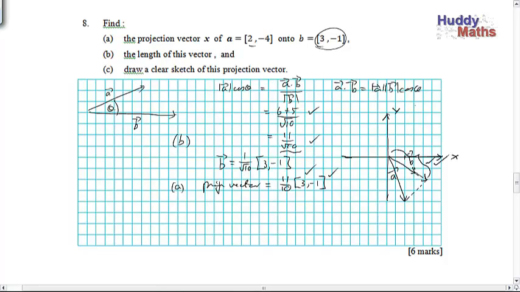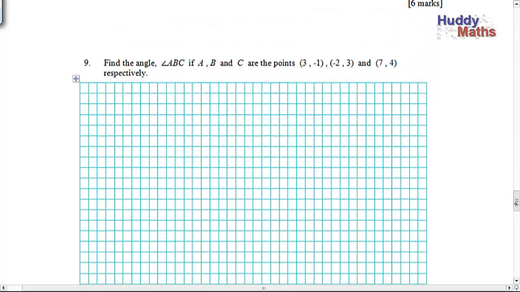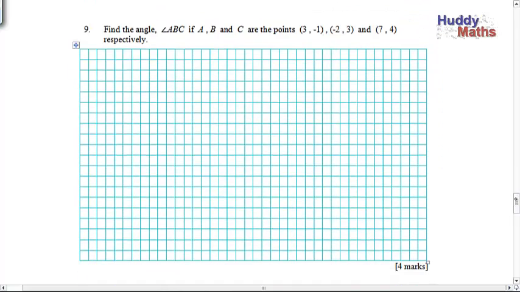Okay, how are you going? A lot of work. Let's go down and look at question 9. Find the angle ABC. Angle ABC is always said like that.